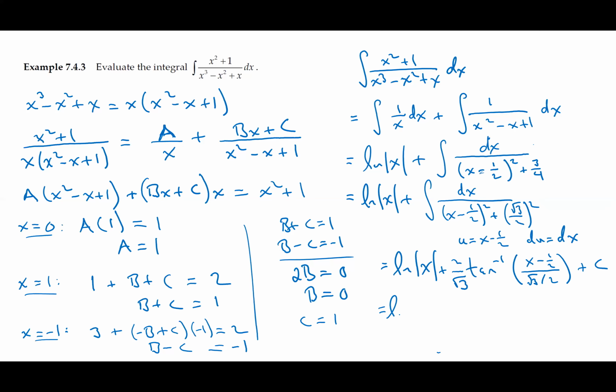Yes, we can clean that up, make it a little more palatable. 2 over root 3, inverse tangent. And then what was that? 2x minus 1 all over root 3 plus a constant, okay?